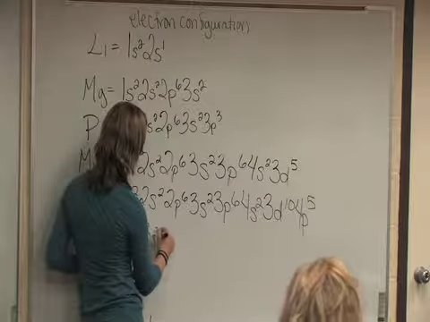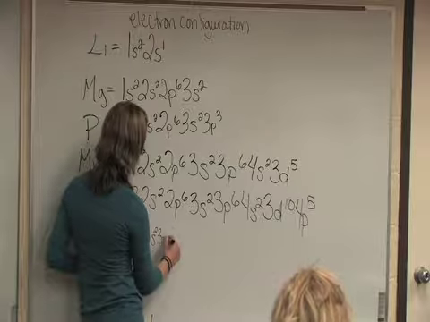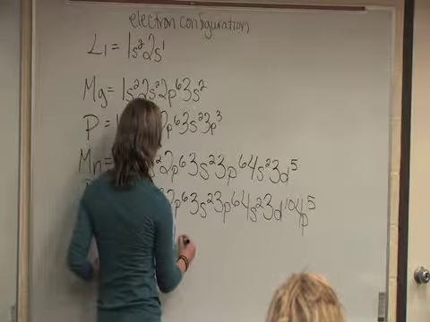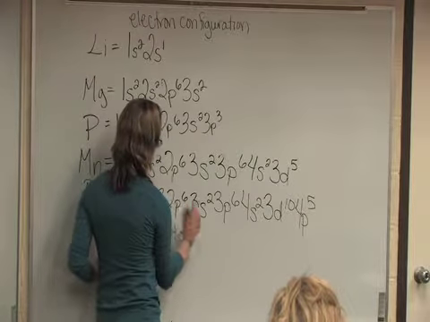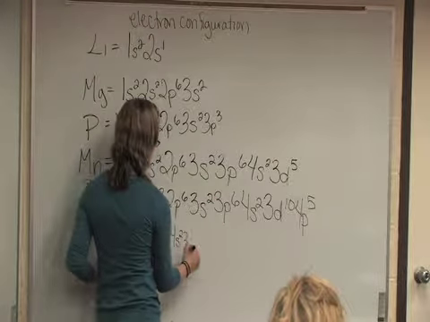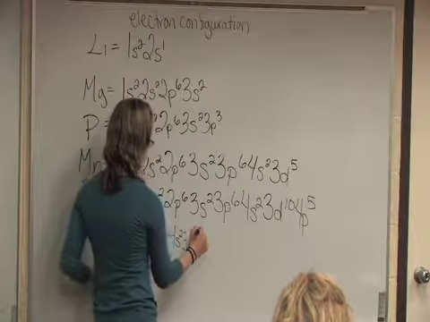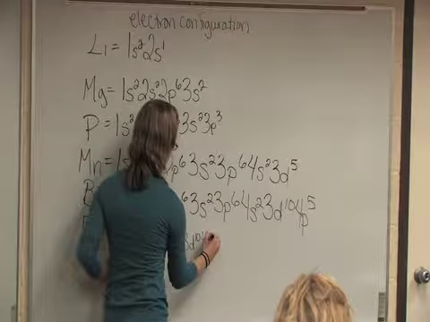Squares. Energy level. Block. Squares. Energy level. Sunk down, so it's 3. D, 10. 4, P, 6.